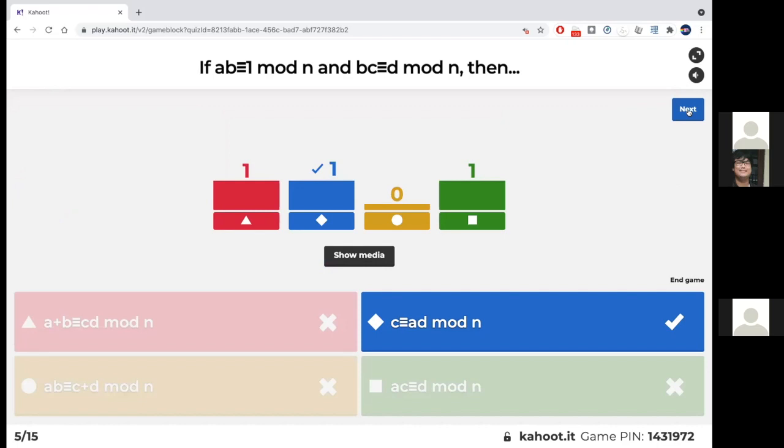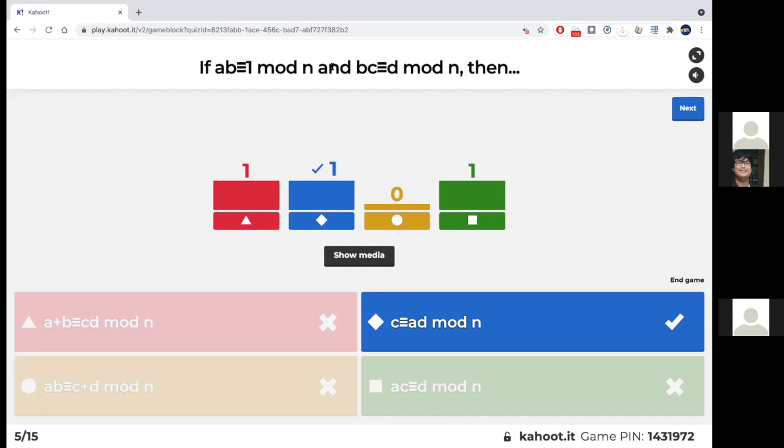If you take that second equivalence there, BC is equivalent to D mod N, and you multiply both sides by A, you'll get ABC is equivalent to AD. And we also know that AB is equivalent to 1.